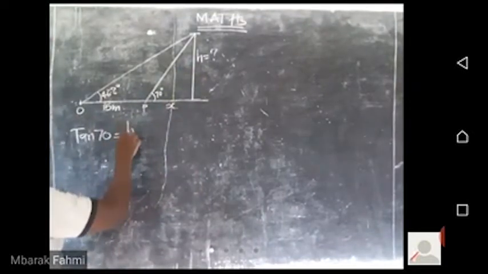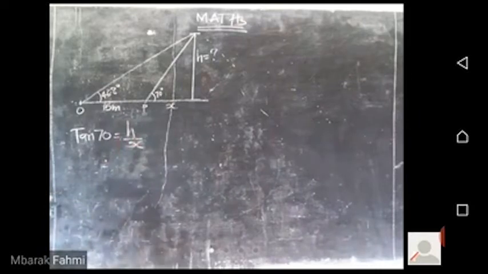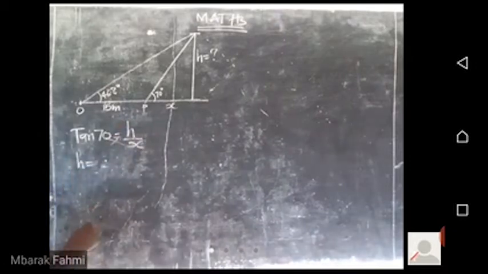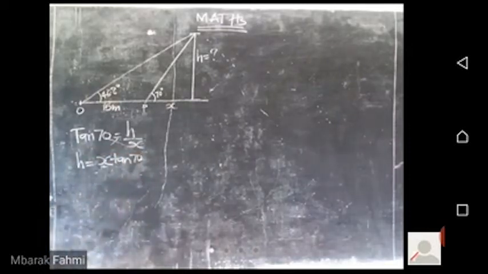Opposite is height, adjacent is X. So to get height, we can say height is the same as X times tan 70.